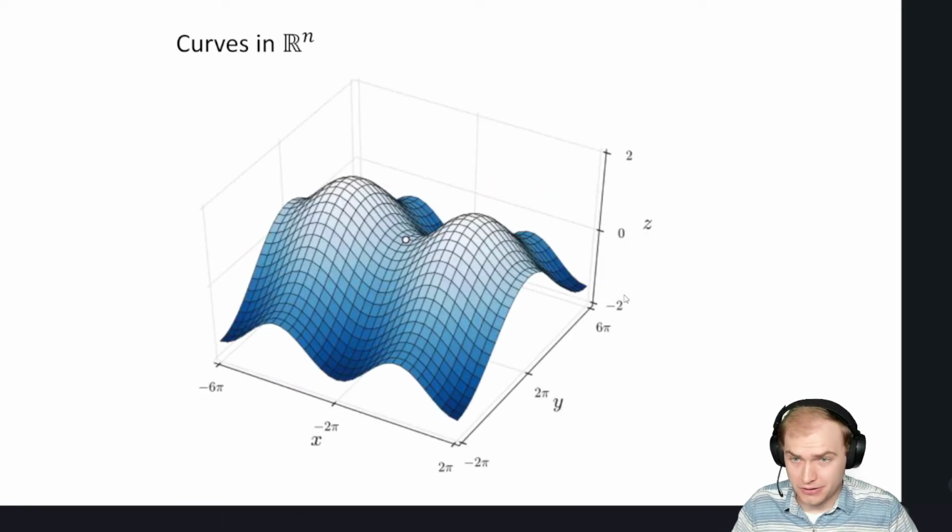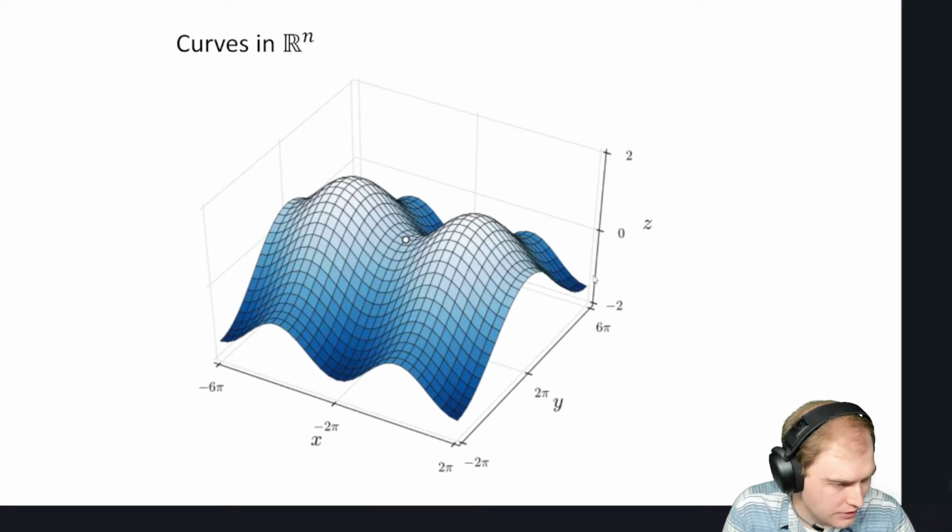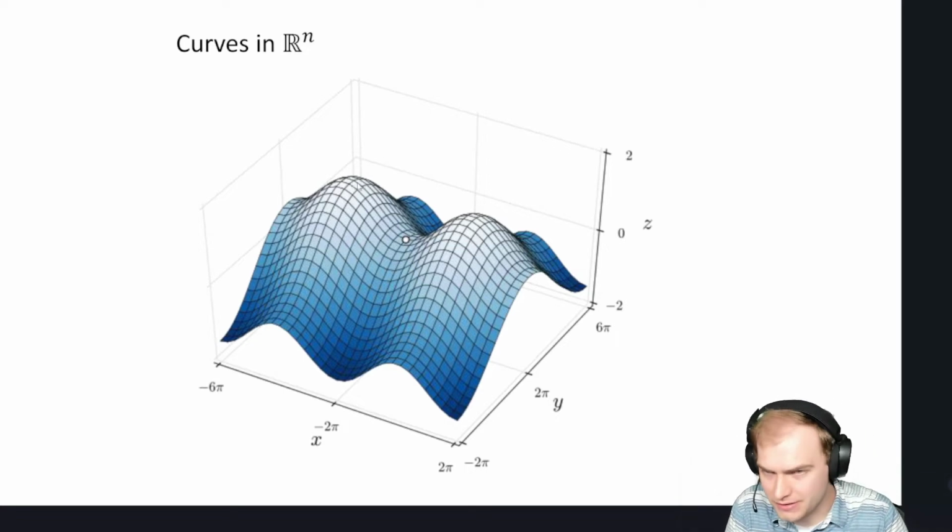What about a curve in Rn? So the set we're interested in is the surface of the curve itself. Good. Mostly no's. Few yeses.